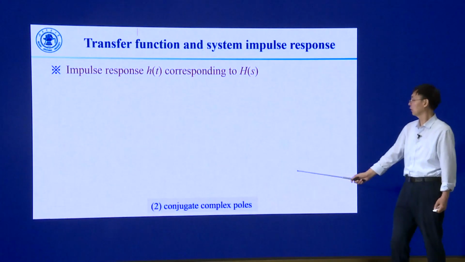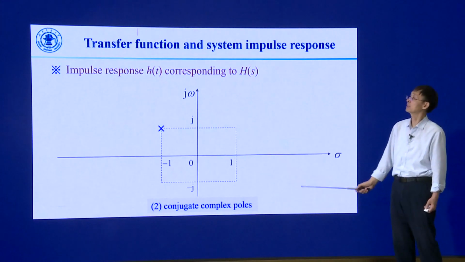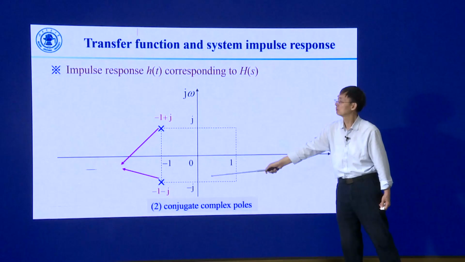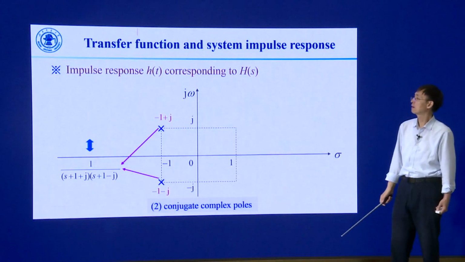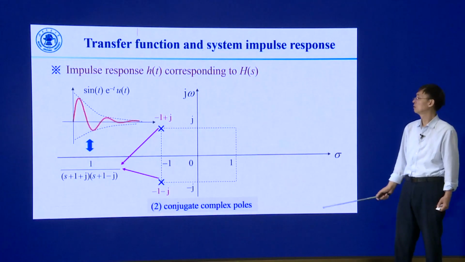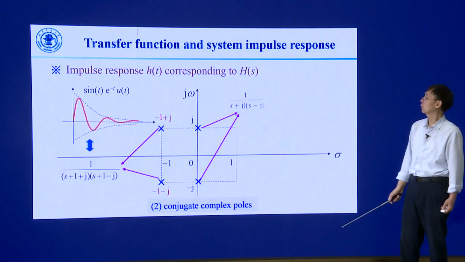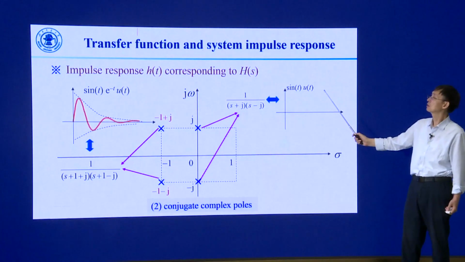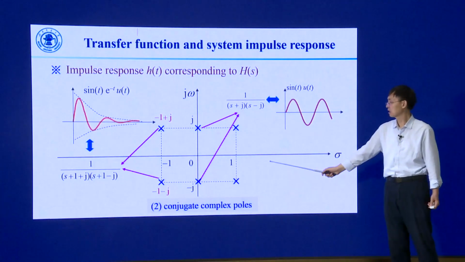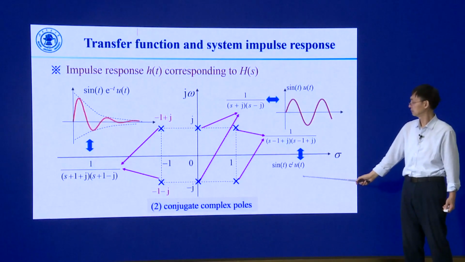For the conjugate complex poles, we can find its impulse response in this form. For these conjugate complex poles, we can get its response h(t). For these conjugate complex poles, we can get this signal.